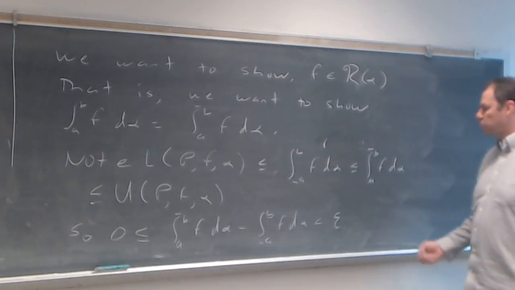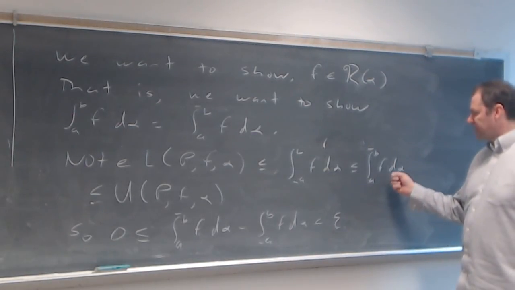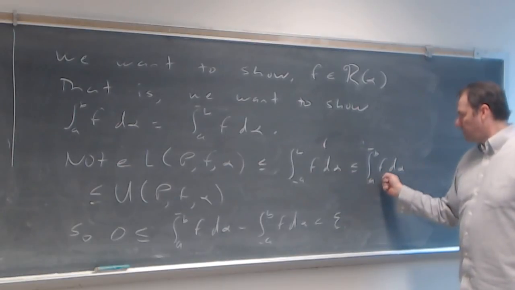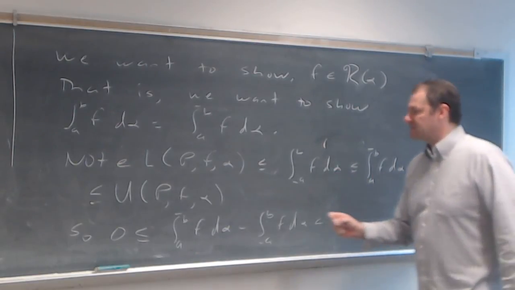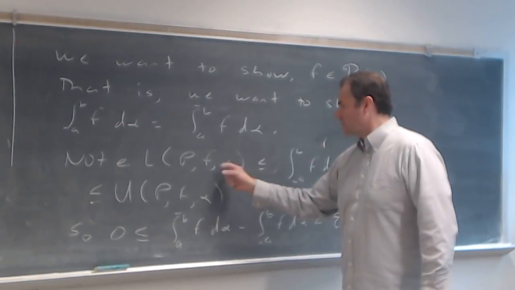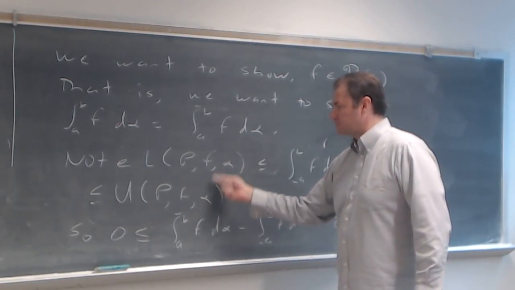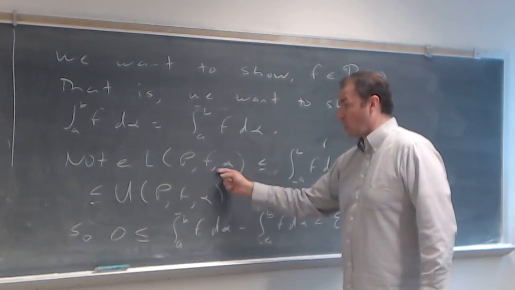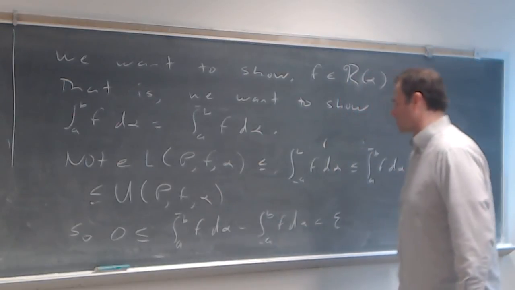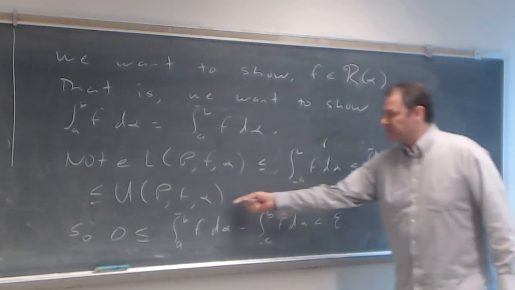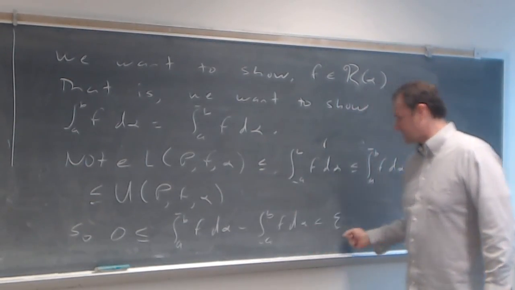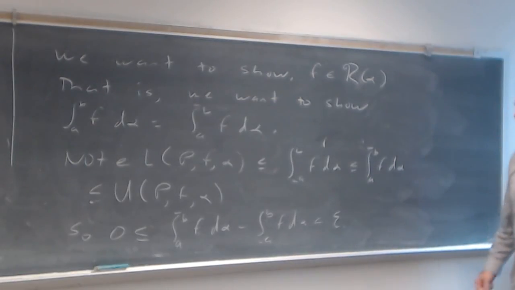And that's true because the difference between these is going to be less than the difference between the numbers that are further apart, that is the lower sum and the upper sum. And the difference between the upper sum and the lower sum is less than epsilon. So this intermediate number's difference is going to be less than that.